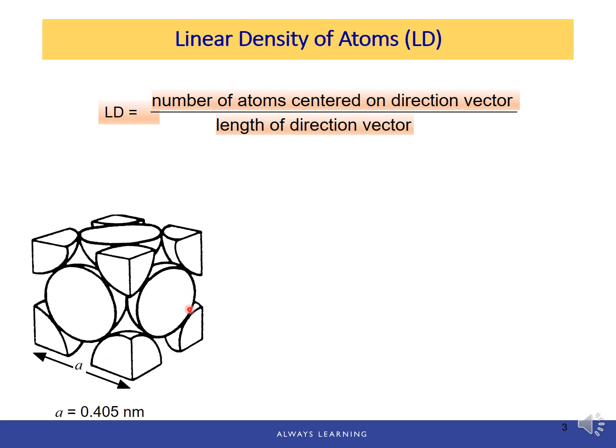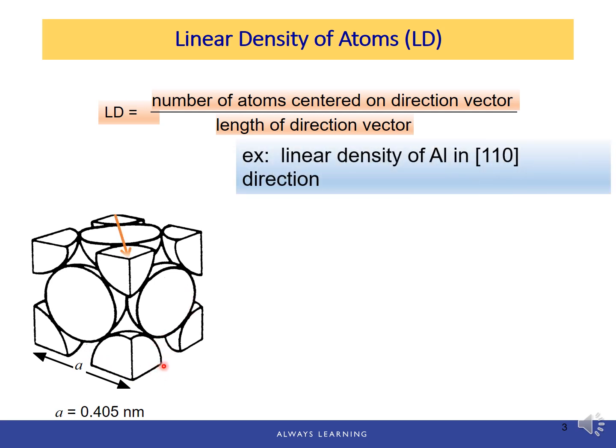Okay, let's take a look at one example to see how we find the linear density of aluminum in the 110 direction. First of all, to find the atomic arrangement, we have to figure out the crystal structure.